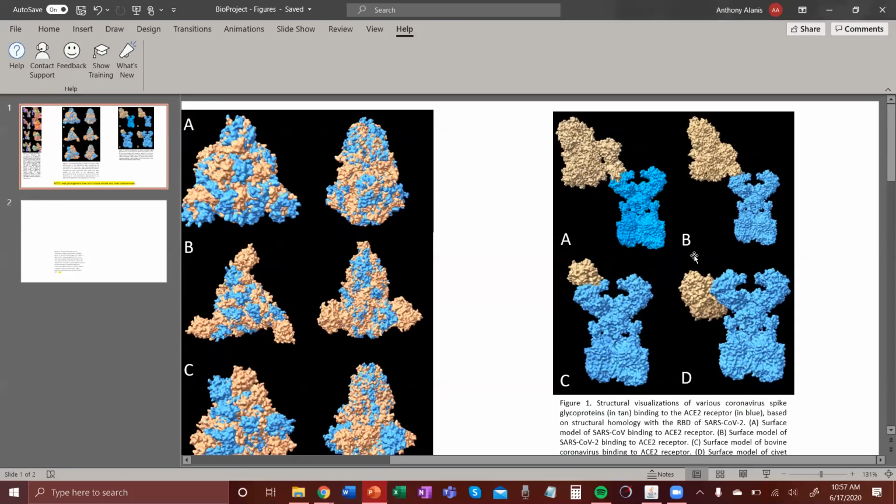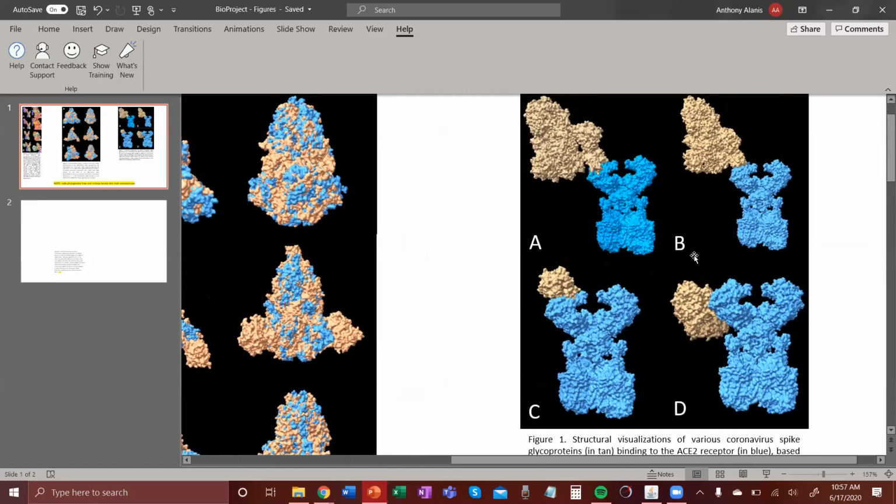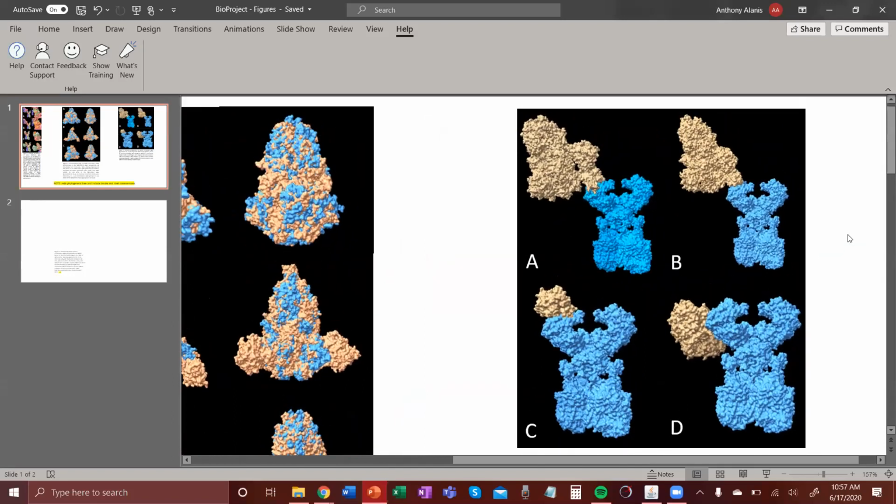If you're curious how I did this, I did almost exactly what we did in session 8. I basically used the matchmaker command. Every single one of these coronaviruses has a receptor binding domain on its spike glycoprotein. By the way, these are all spike glycoproteins.